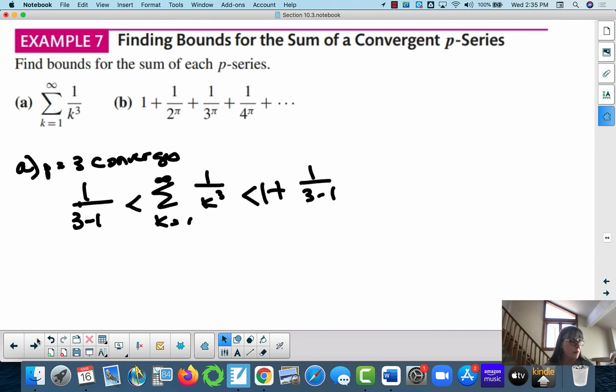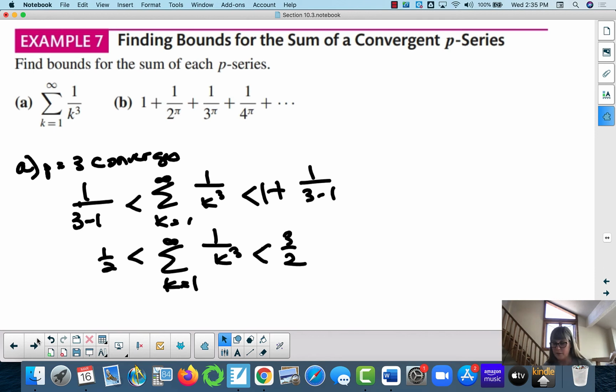So that becomes 1/2, and then 1 plus 1/2, which is 3/2. So we don't know what the actual sum of that series is, but we know it's between 1/2 and 3/2.